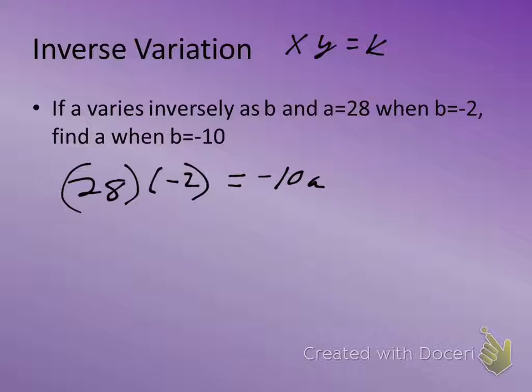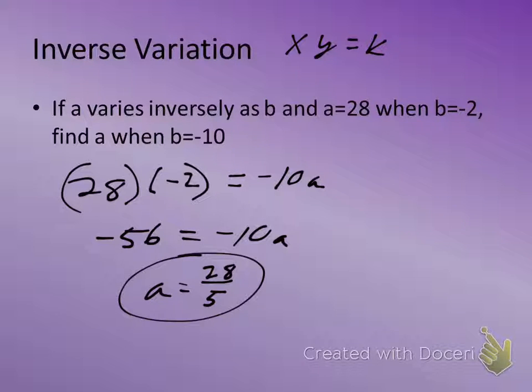And so there you go. Inverse is really kind of the easiest one there is. So a1 b1 equals a2 b2. And so we're solving for a. So 28 times -2 gives you -56 equals -10a. And we're going to divide both sides by -10, which gives you 56 tenths, reducing that to 28 fifths.